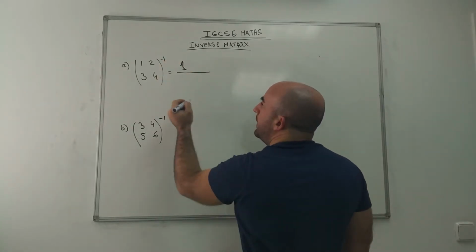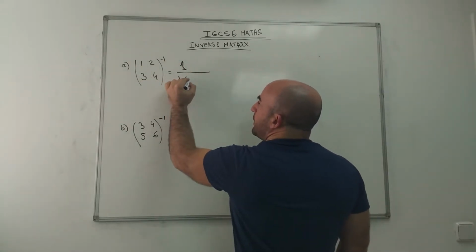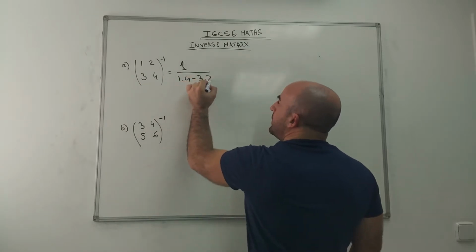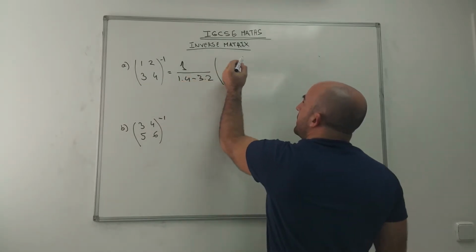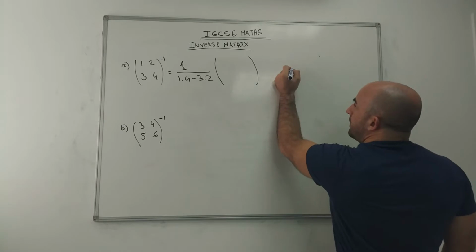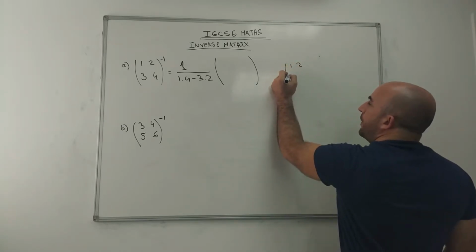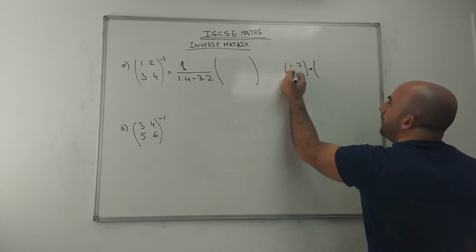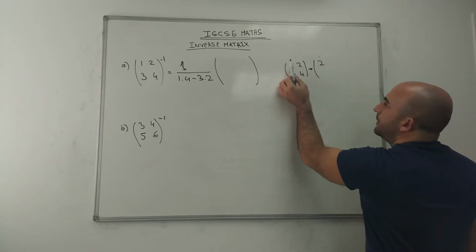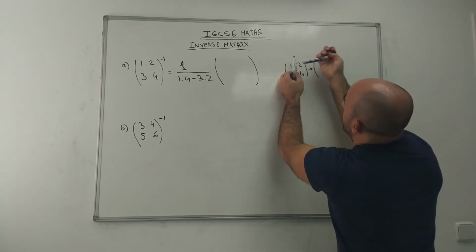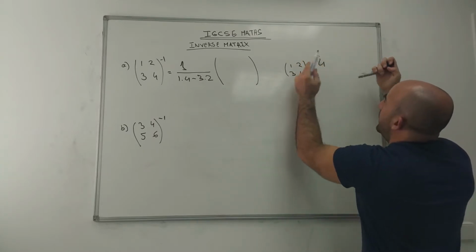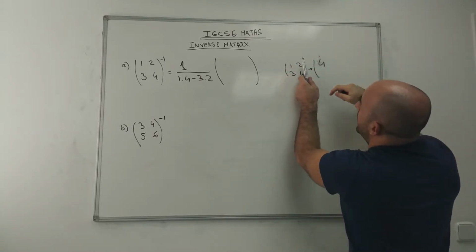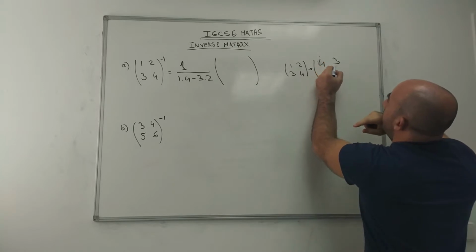So, first step, 1 times 4 minus 3 times 2, and then I'm going to create this matrix here. So I'll do it separately. Follow me. First step, remove row and column, and I get a 4. If I remove row and column, that's a 3.